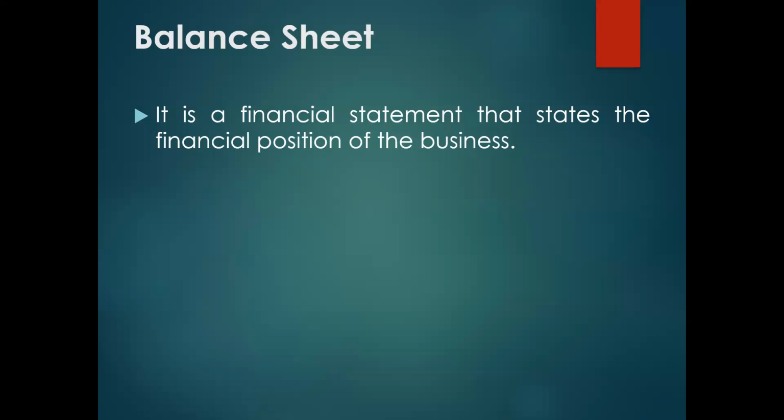The preparation of these account statements mainly helps in decision making for the management, whether it is top level, middle level or worker level. When coming to the balance sheet, again it helps in management decisions, and not only that, the balance sheet is for all the stakeholders.